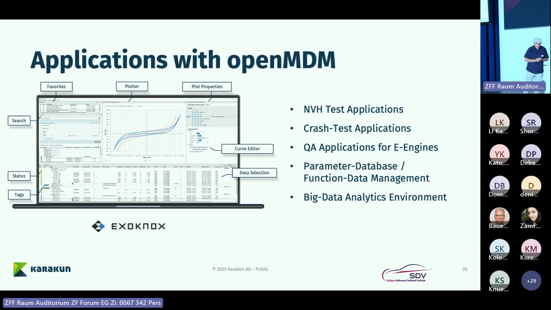It's a parameter database or function data management tool. The terminology is not standardized. And there's also a big data analytics environment available, which runs on any cloud or HPC. And some advertisement: this tool is called Exonox and is using OpenMDM inside.